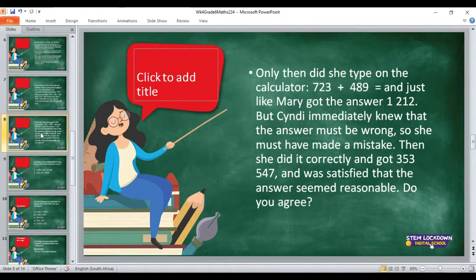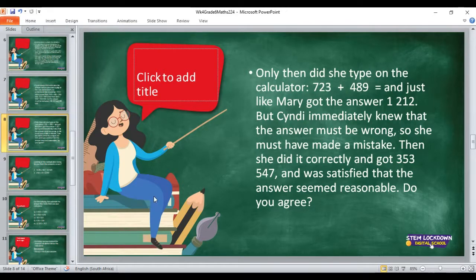Then she did it correctly and got the 353,547. So she was able to realize that I must have pressed the plus key on my calculator and not the times key, because I cannot get 1,212 when my estimation was between 280,000 and 400,000.